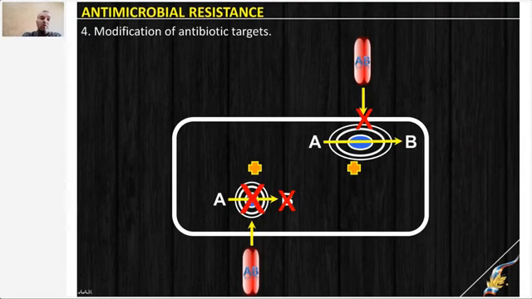One more mechanism is modification of a target for the antibiotic. It means that, for example, the antibiotic needs to fix to some enzyme. It is shown as a target, several white spherical lines and a blue center.